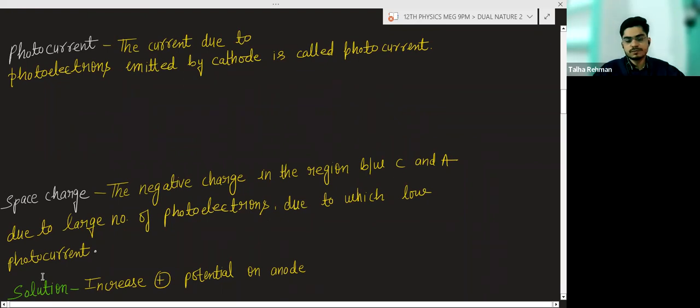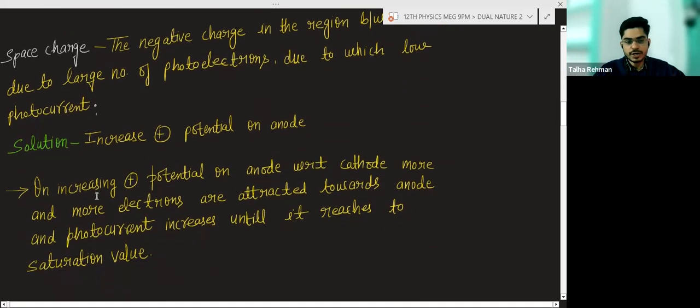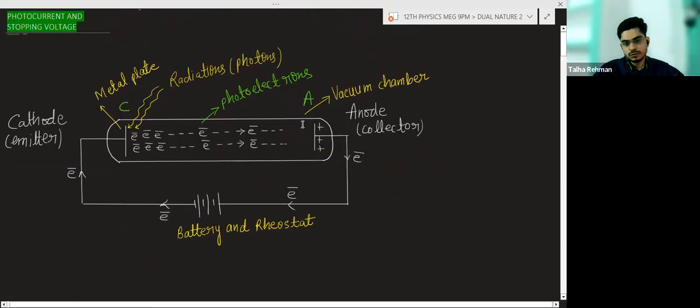What is the solution? Increase positive potential on the anode. On increasing the positive potential on the anode with respect to the cathode, more and more electrons are attracted towards the anode and photocurrent increases.